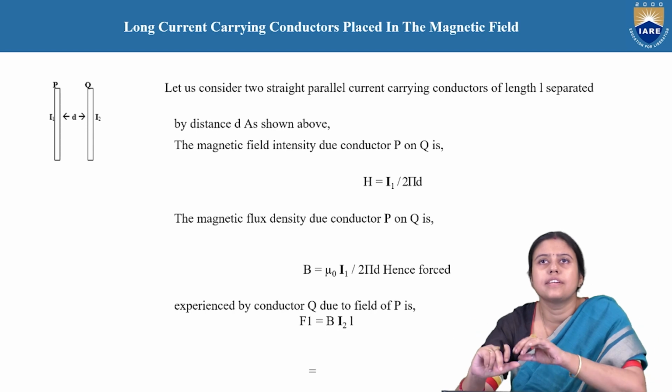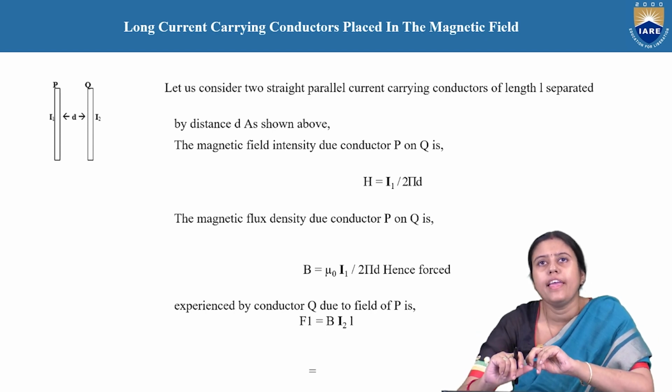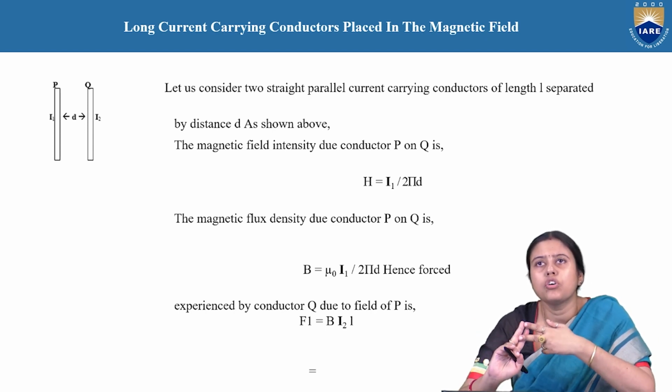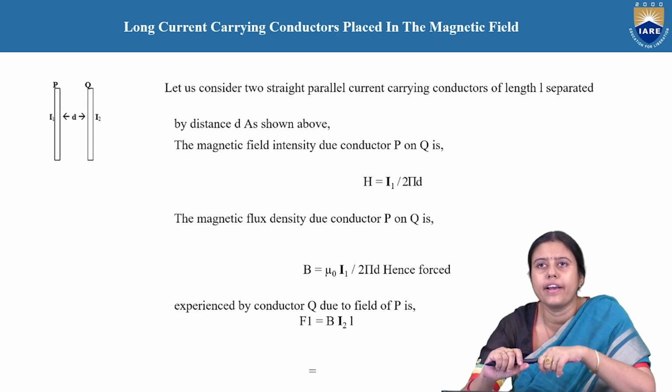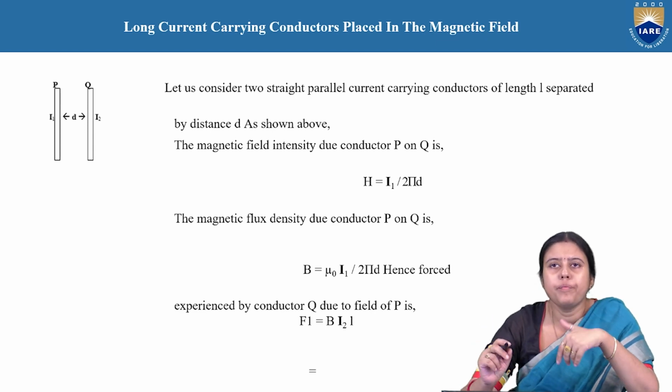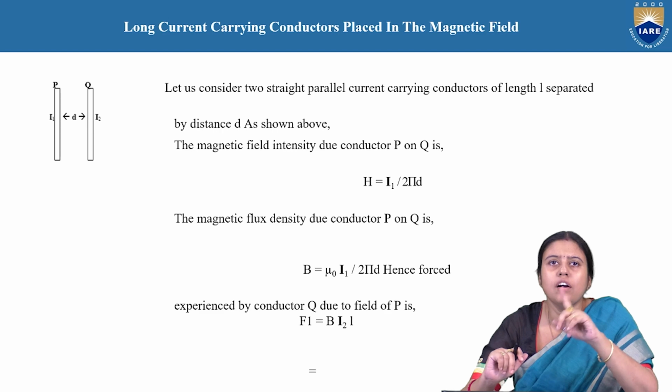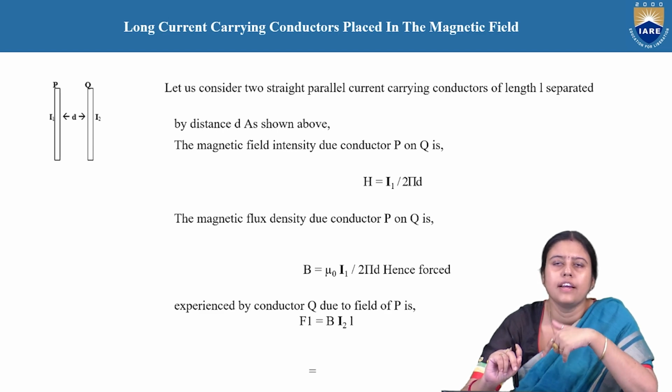Now we will discuss what will happen if there are two long conductors placed in the magnetic field. Previously we discussed only one conductor. Now what will happen if there are two long conductors?